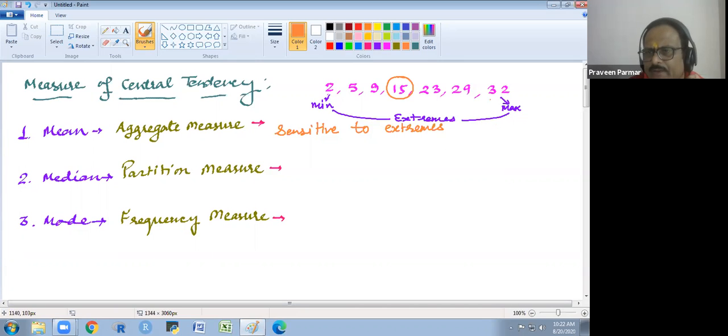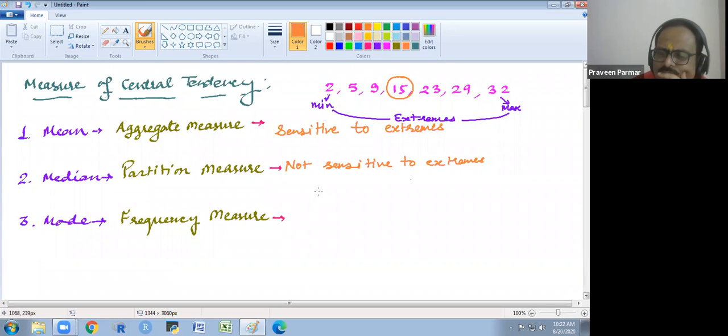No, correct. So the median will not change. So median is not sensitive to extremes. Similarly, mode is also not sensitive to extremes.